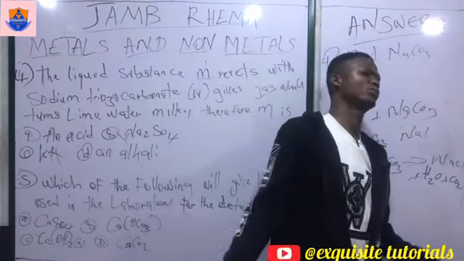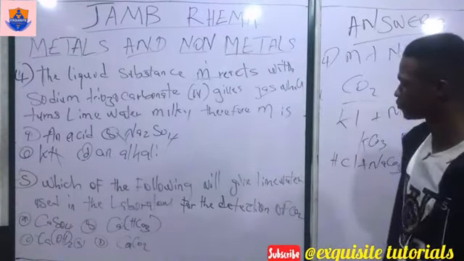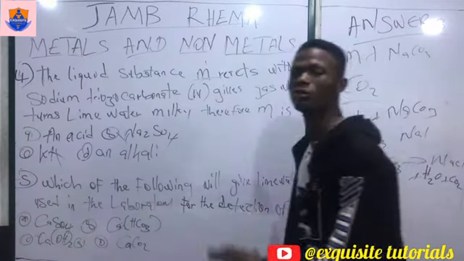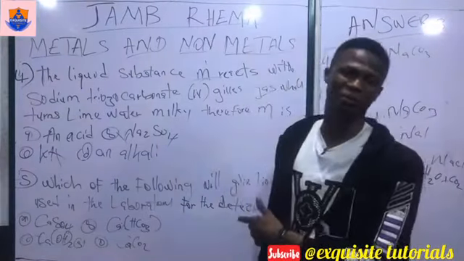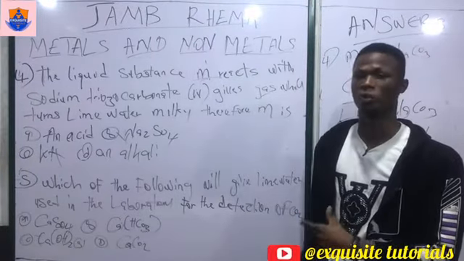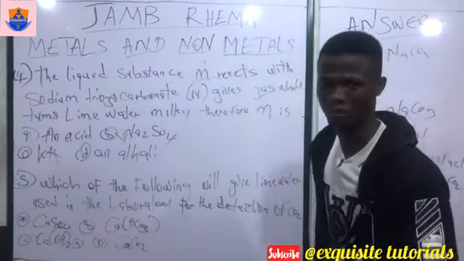When you see an unknown substance, when you introduce it to lime water, once it turns milky, that means there's a presence or there's a trace of carbon 4 oxide in that substance. Do not forget that.